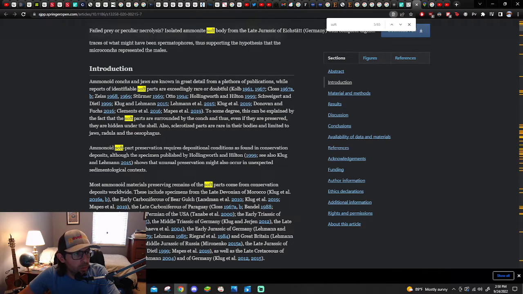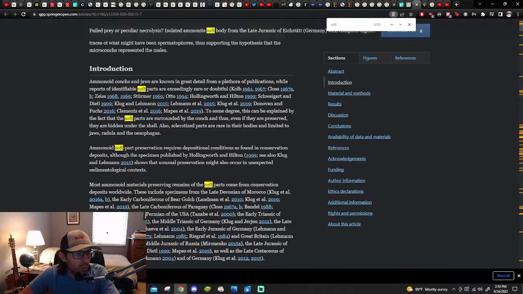Well, reports of identifiable soft parts are exceedingly rare or doubtful. To some degree, this can be explained by the fact that the soft parts are surrounded by the conch, and thus, even if they are preserved, they are hidden under the shell. Also, the sclerotized parts are rare in their bodies and limited to jaws, medulla, and the esophagus.